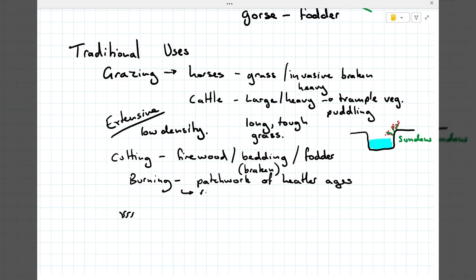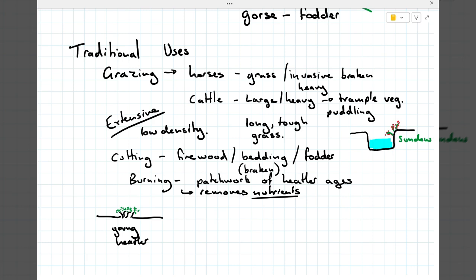So it removes nutrients. The young heather is going to be surrounded by lots of bare patches of burnt ground, so it's very hot and sunny, so that's beneficial for certain communities of reptiles and insects to warm up.